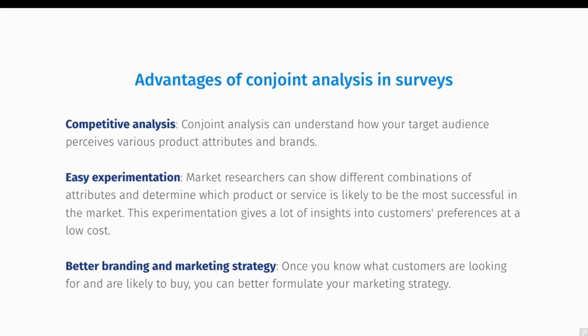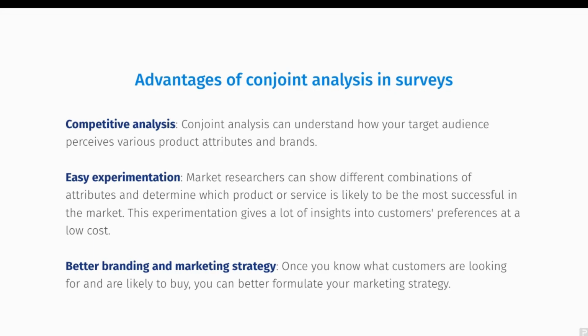And conjoint analysis can study the consumers and attributes deeper than create a needs-based segmentation. The competitive analysis: conjoint analysis can understand how your target audience perceives various product attributes and brands. Easy experimentation: market researchers can show different combinations of attributes and determine which product or service is likely to be most successful in the market.